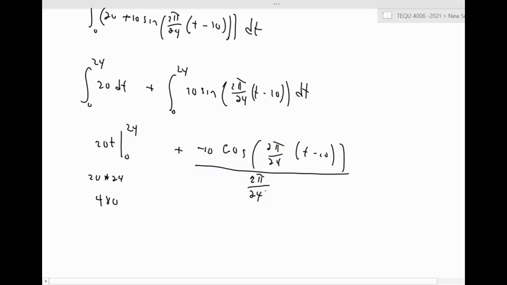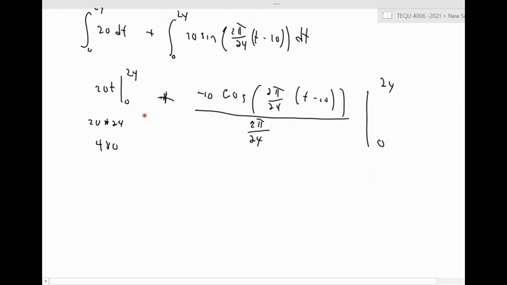And that needs to be evaluated between 0 and 24. All right. If I do that and simplify a little bit, 10 divided by 2 is 5, and 5 multiplied by 24, that would be negative 120 over pi.